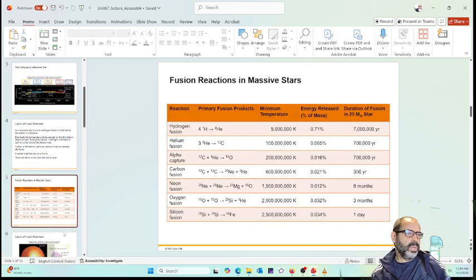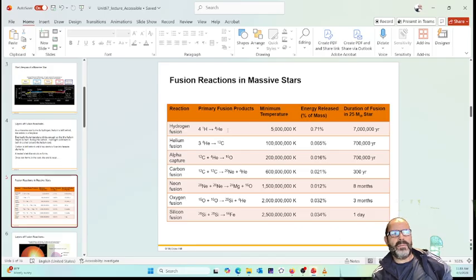Here is a table that gives you an idea about what temperature is needed for what process. A few million kelvins, like what's going on inside the core of the sun, is enough to trigger the proton-proton chain, so basically 4 protons forming a helium atom.